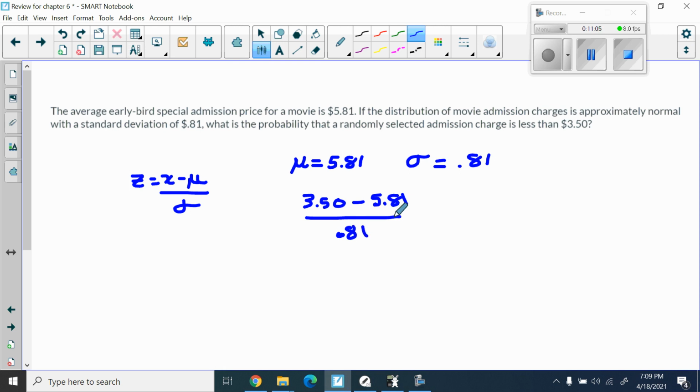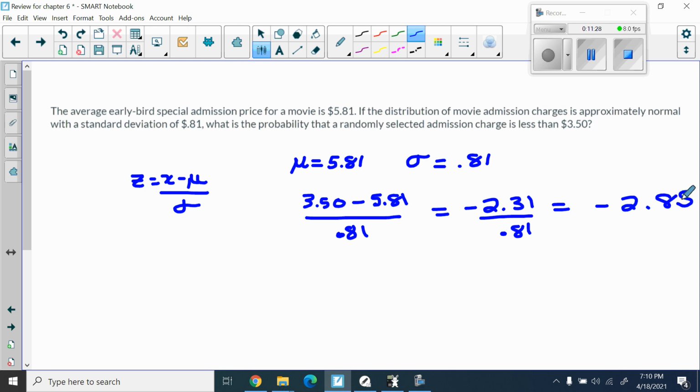So 3.50 minus 5.81 gives me negative 2.31. And I'm going to divide that by 0.81. And my z-score is going to be negative 2.85.